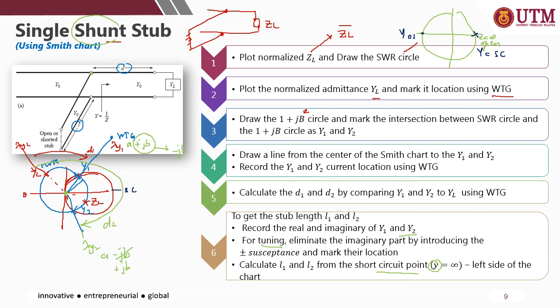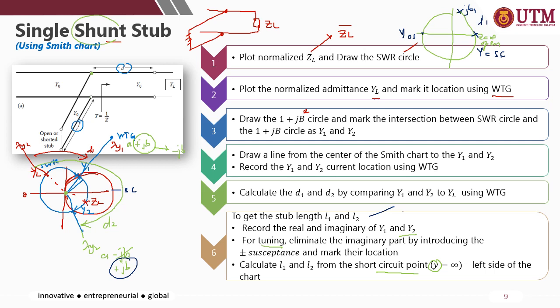To get the L1 and L2, if the position of the point that you introduce, positive JB, somewhere here, 0 plus JB, you will calculate the length L1, JB1, the length from the short circuit point. That gives you L1.